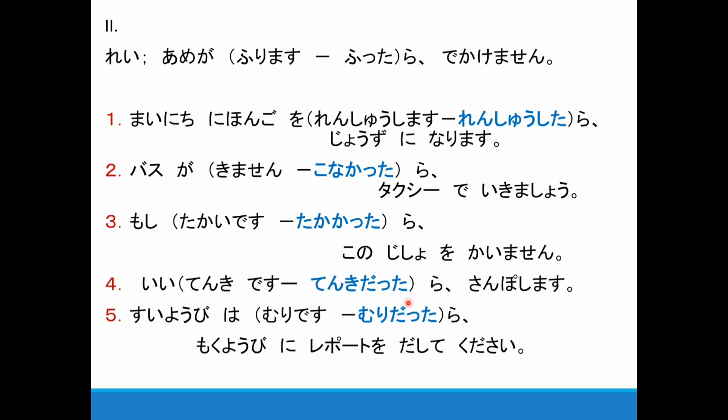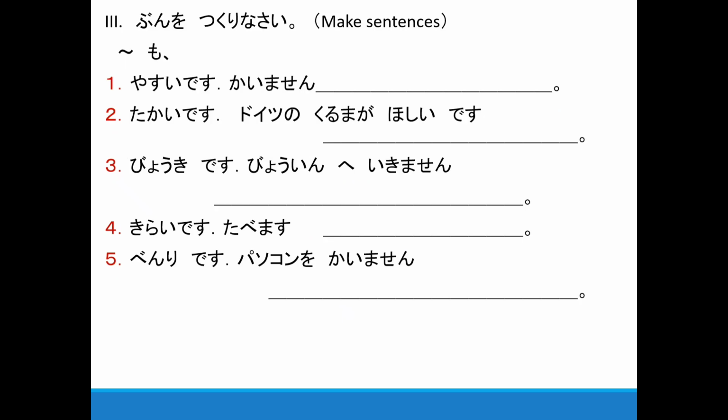So, いい天気だったら散歩します。Next, number 5: 水曜日は無理。無理 is a na adjective. 無理です changes to 無理だった in plain past form. So, 水曜日は無理だったら木曜日にレポートを出してください。Understood? Hope all of you did it correctly.